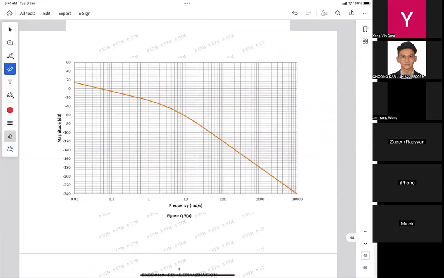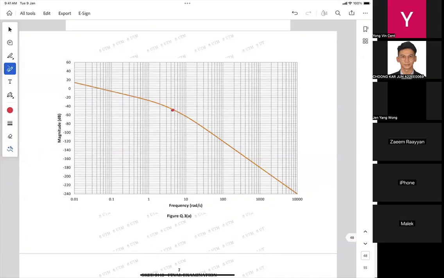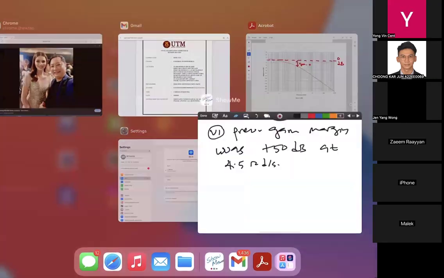Four point five. About here. Okay. So this is your 0 dB. So that is your gain margin there, which is 50 dB.